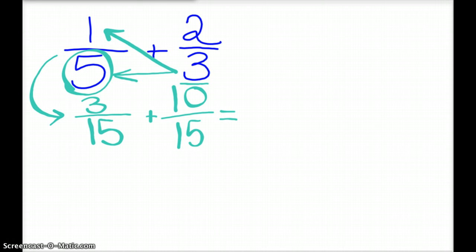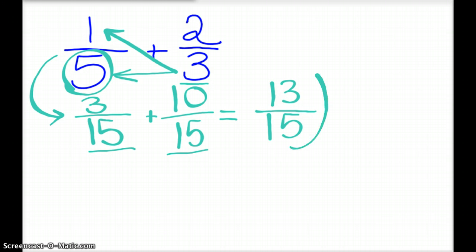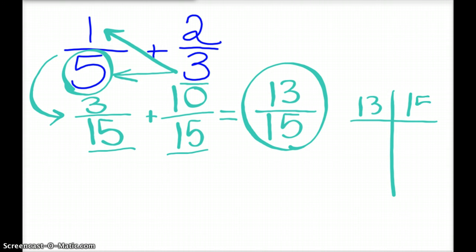Okay, now you can see that they have the same denominator. So we're going to just add up our numerators. 13. And our answer is going to be 13/15. If I want to check to see if I need to simplify that, I would just make my T-chart.